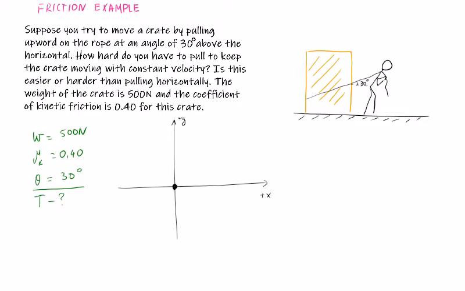So there is this tension on the rope at a certain angle. The weight of the crate downwards, and then we have the normal force going upwards, and then we have the kinetic friction, because it's moving.